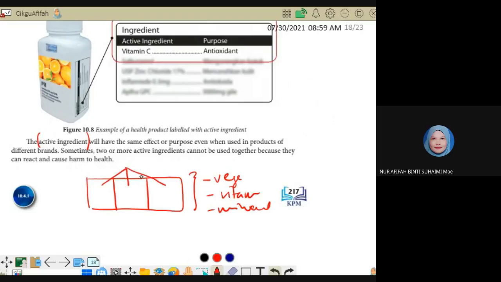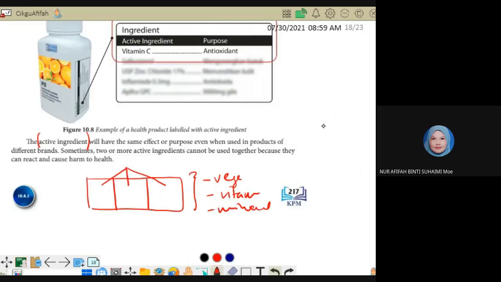Tapi sometimes kita tak boleh campur dengan benda lain. Contohnya kita ambil lagi these 3 tablets with another supplement, tak boleh campur. Kalau ambil yang ni, makan yang ni dulu untuk pagi, and then tengah hari ataupun after 3 hours ke 4 hours baru boleh ambil suplemen lain, vitamin C ke apa.